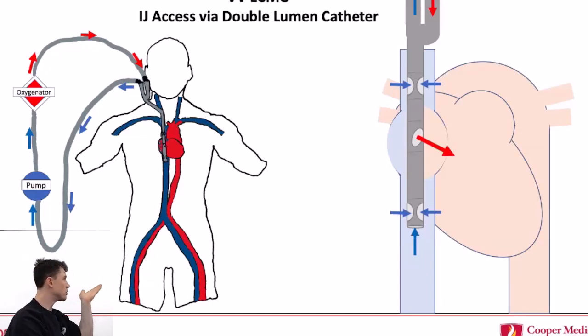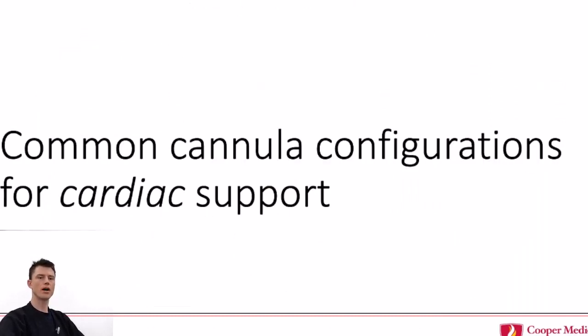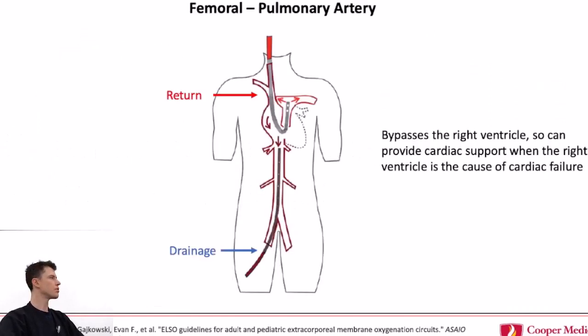And why might you use this? You're getting rid of the femoral access, so mobility might be a little bit easier for the patients, and that's kind of the main thing with that. Or if there's a contraindication to going for the femoral sites, that may be a reason why we choose to put one of those in.